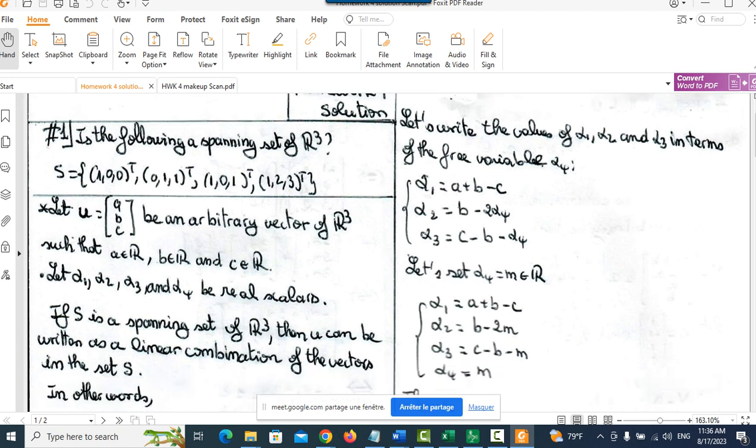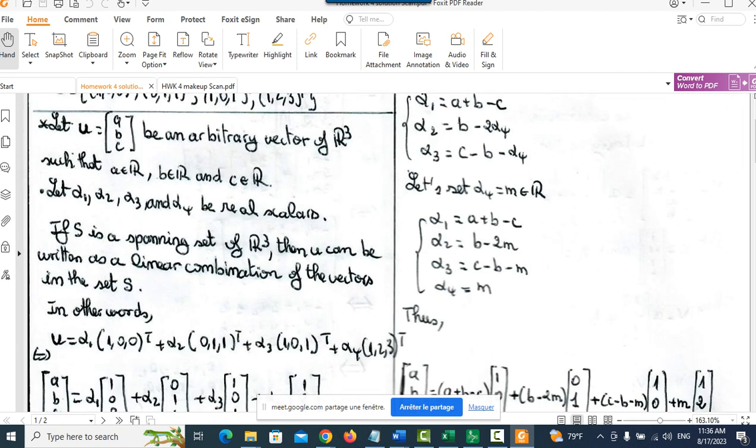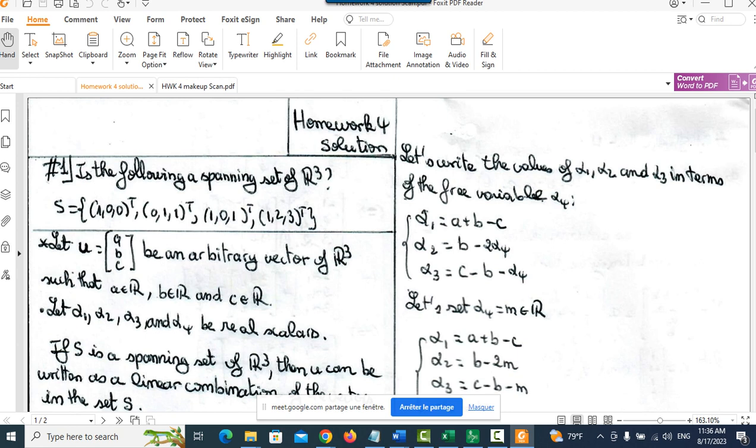Now in order for this set to be a spanning set, I need to be able to write any arbitrary vector of R3 as a linear combination of its vectors. So I select coefficients, let alpha 1, alpha 2, alpha 3, and alpha 4 be real scalars.